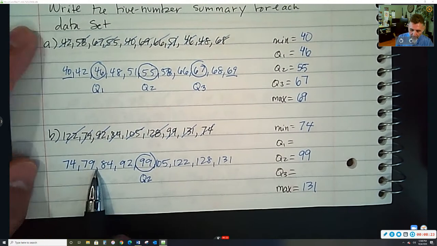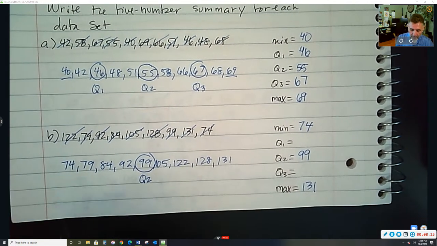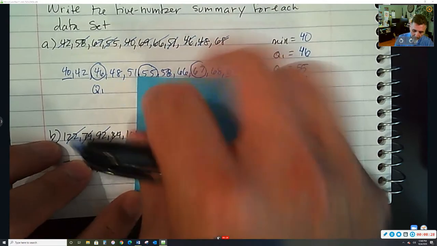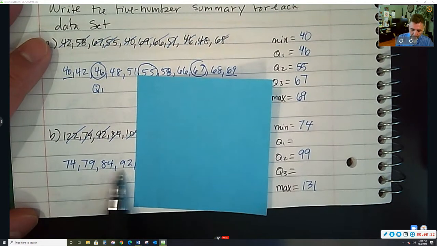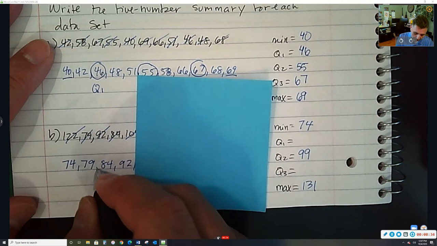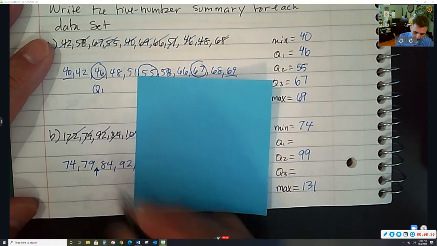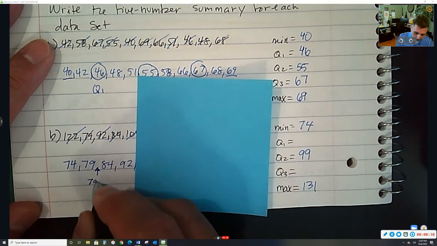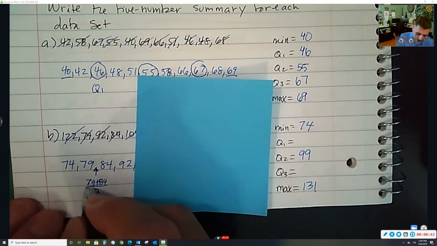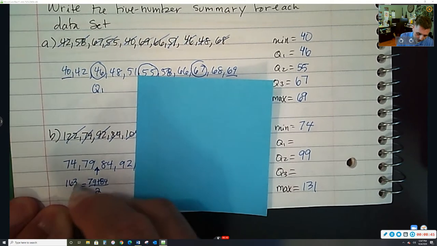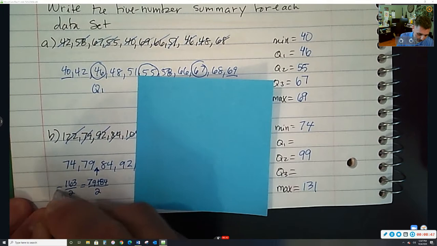And then to figure out what the middle one is over here, again, I'm going to cover this guy. So this is my lower half of the set. The middle would be there. So take 79, add it to 84, and divide it by 2. When you add those, you get 163 divided by 2.